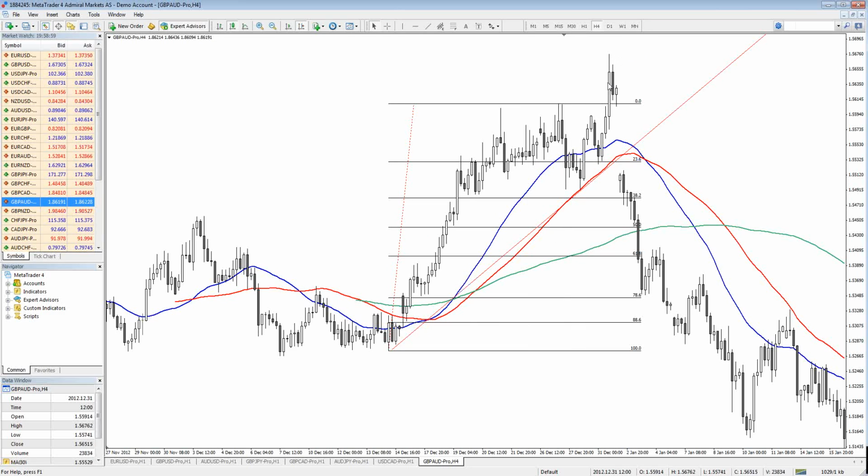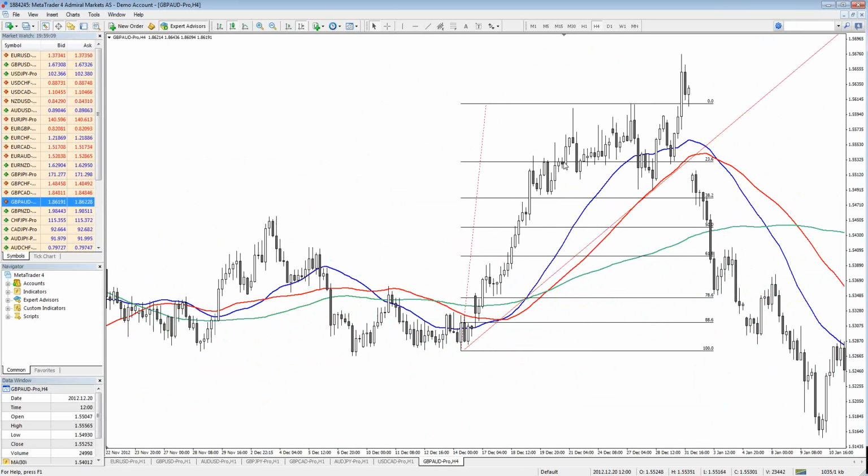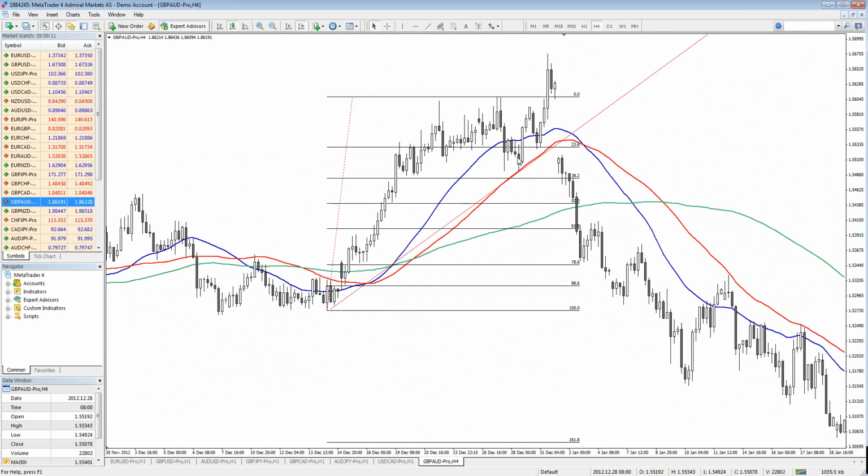Now there are two methods for placing stop loss. Aggressive method is placing the stop loss below this point, and I usually did that, because when you take a trade from here, usually when there is a strong trend, you can place the stop loss just below the confluence.